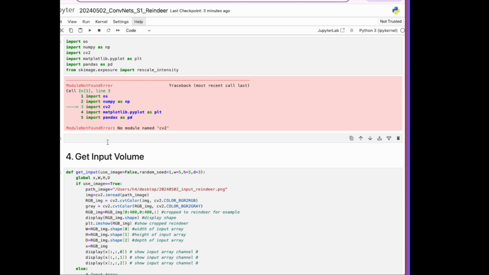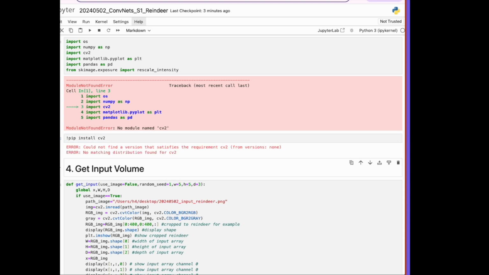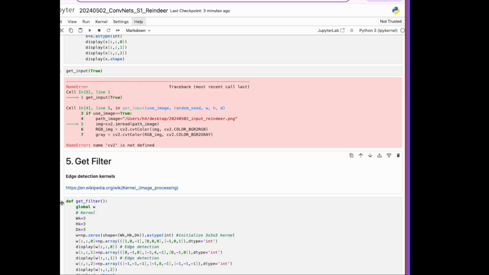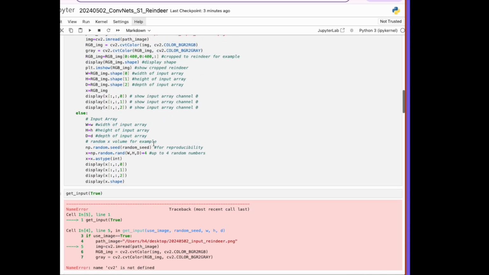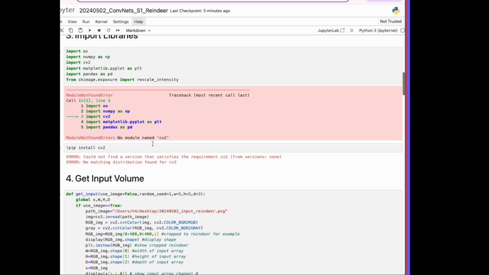Wait, I need to install something. Let me check how to get it.